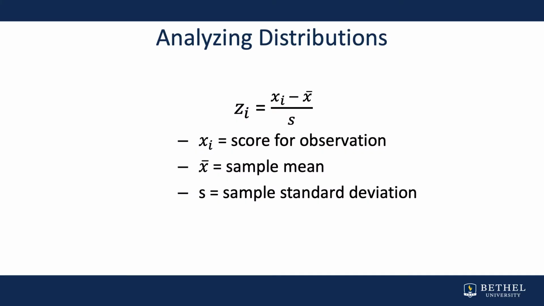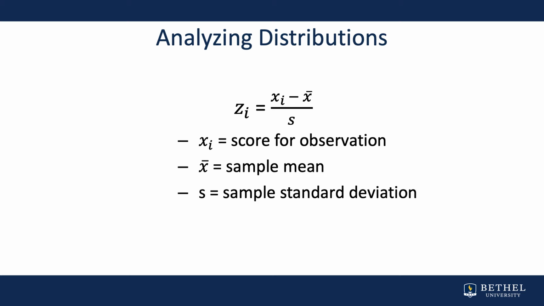Now, how do we get to this thing called a z-score? Well, what we do is we figure it out by taking the observation and we subtract the mean and we divide by the standard deviation. It's that simple. So z would be the z-score for the observation.